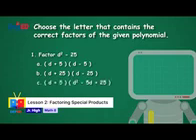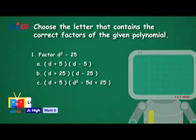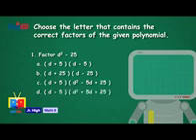Or is it C, d plus 5 times the quantity d squared minus 5d plus 25? Or D, the quantity d minus 5 times the quantity d squared plus 5d plus 25?